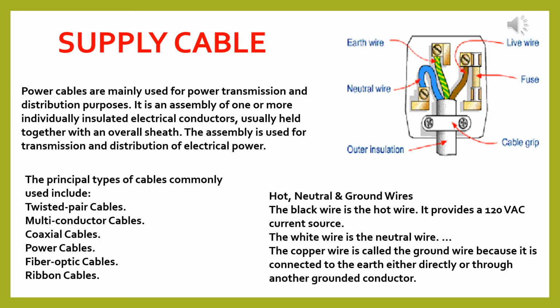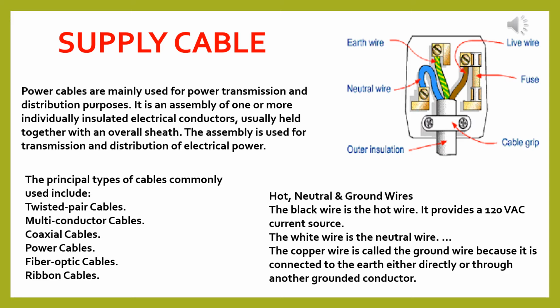The neutral and the earth wires are connected together at the supply station so that these wires are at the same potential, that is 0 volt. The live wire, which is also called the phase wire, carries current from the source to the consumer, and the neutral wire is for the return path of current.